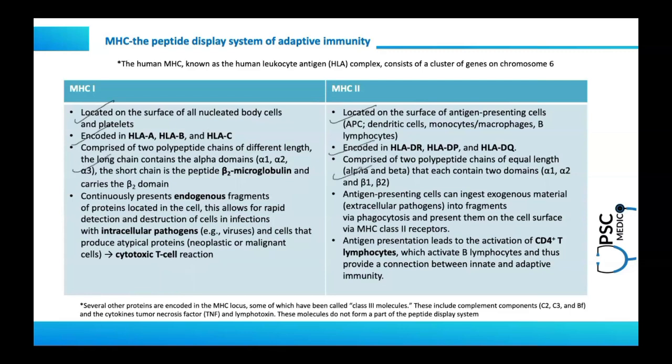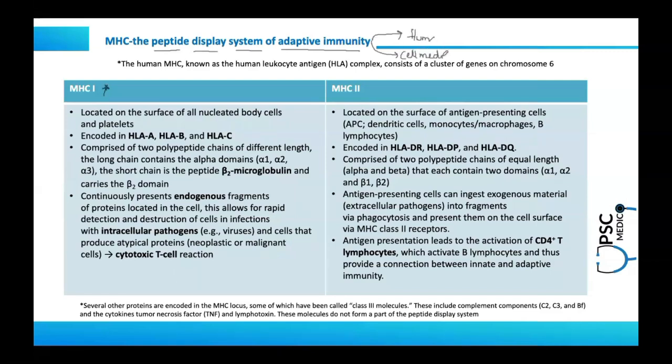So let's go back to the MHC again. You know where they are located now, you know how they are encoded, and you know their structure in a crisp way. Next, how they function. Take MHC1, or major histocompatibility complex. The name itself says it is a peptide display system of adaptive immunity.